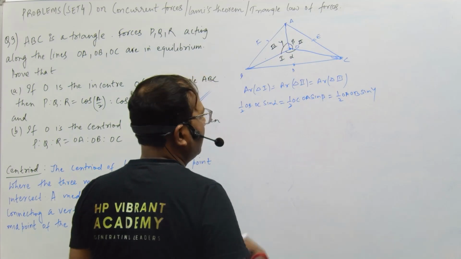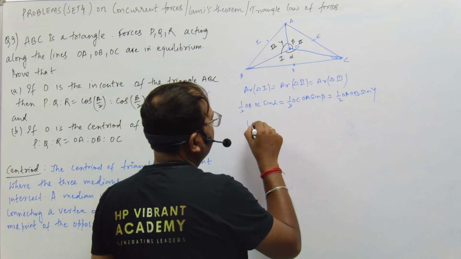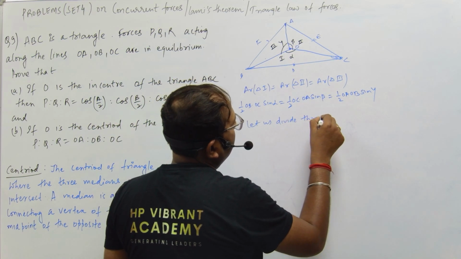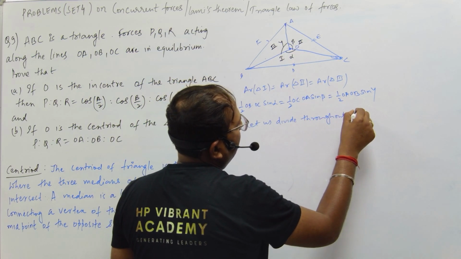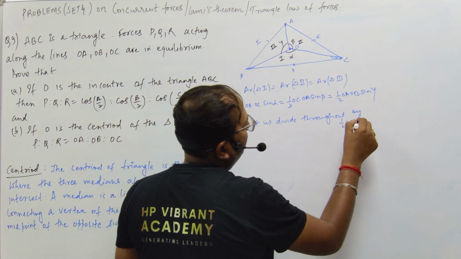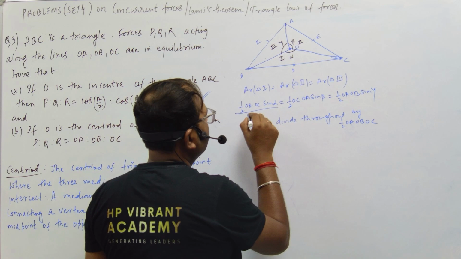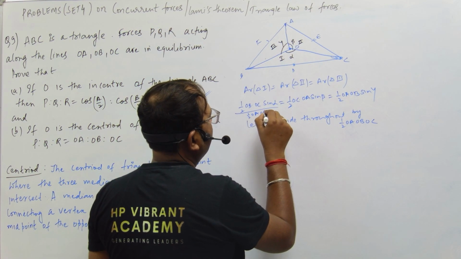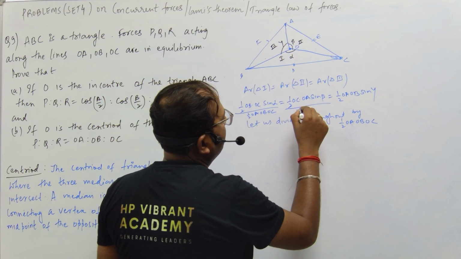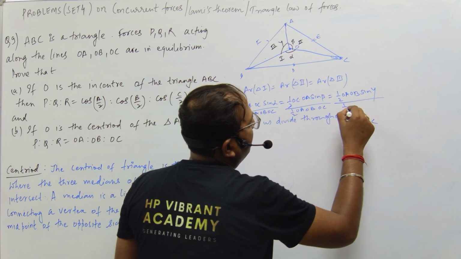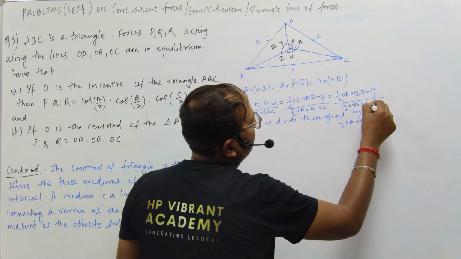Let us divide throughout by half of OA, OB, OC.